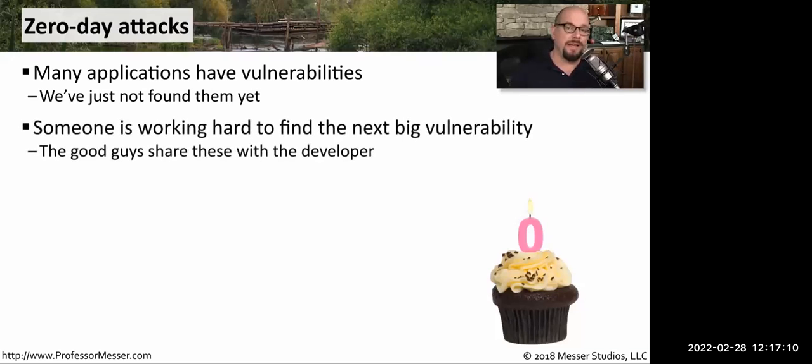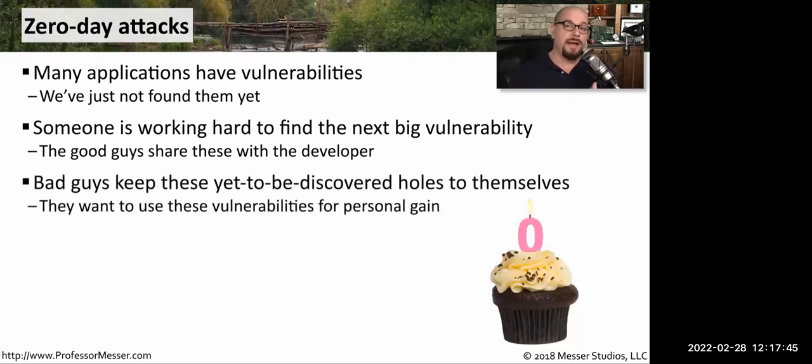When someone does find a vulnerability, it's very common for that researcher to share that information with the developer of that application or the manufacturer of that operating system. There's usually a lot of development work that then takes place to fix or resolve that particular vulnerability. At that point, the manufacturer will usually announce that the vulnerability exists, and they will provide a patch. For example, Microsoft provides a set of patches once a month, and those patches are designed to address a number of different vulnerabilities that have been found.